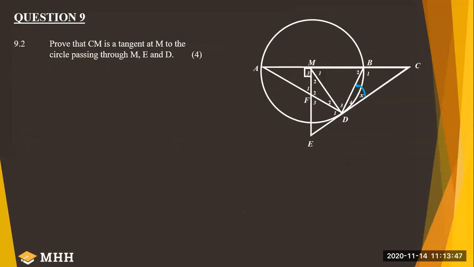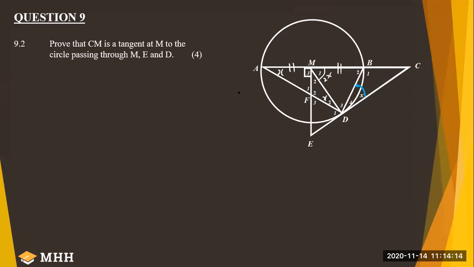Let's see what else. I'm just going to fill in what we just got, and remember now that one will be equal to 2X. Okay, we must prove that CM is a tangent.